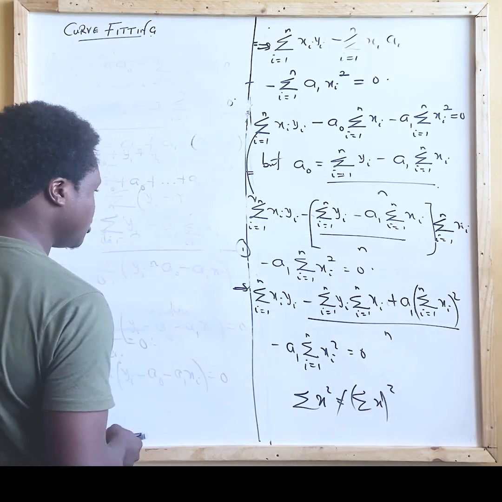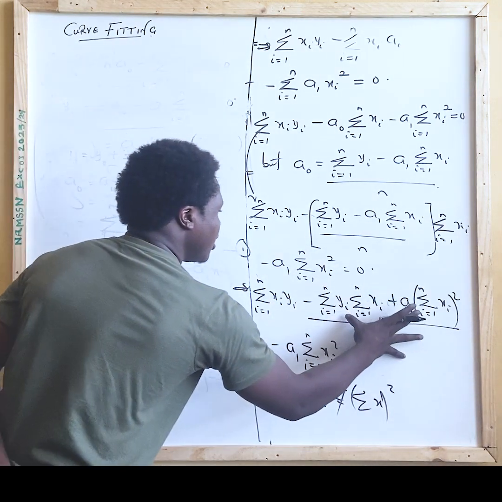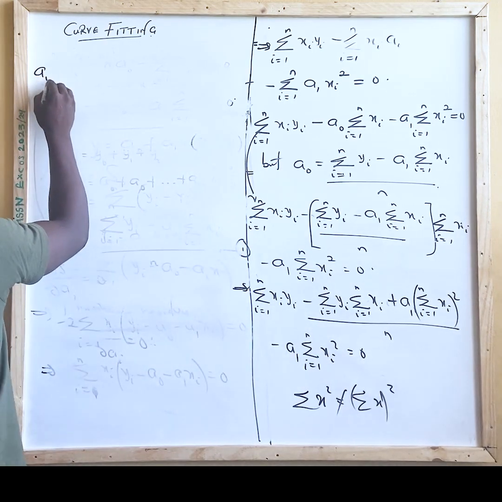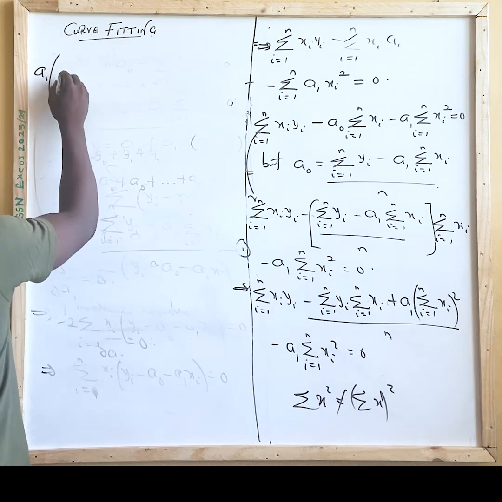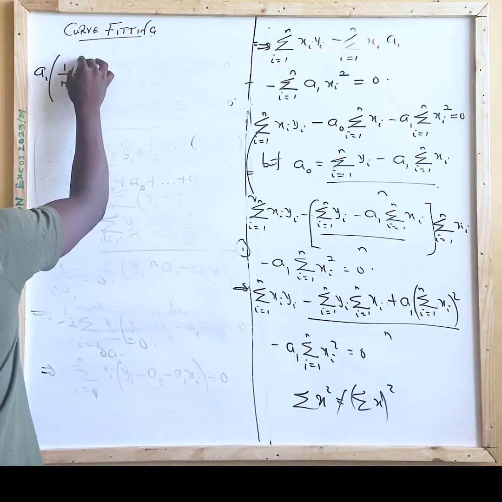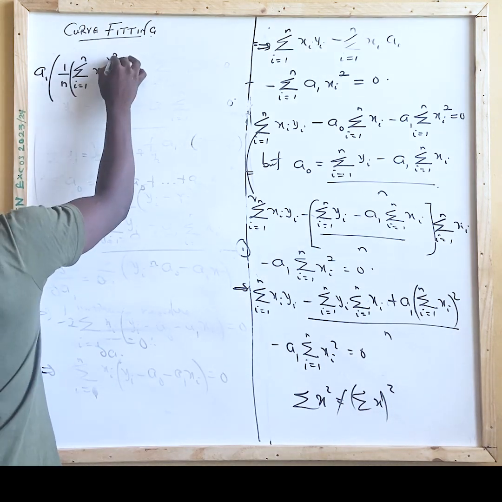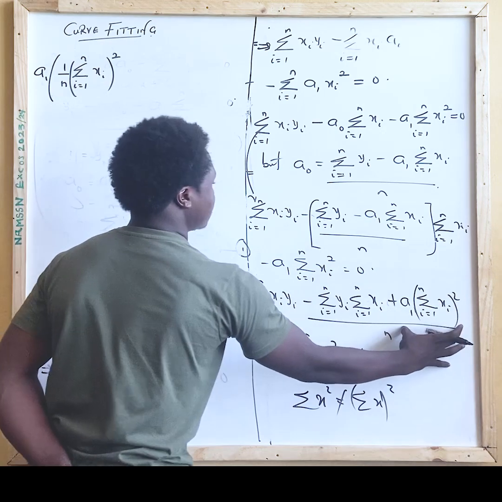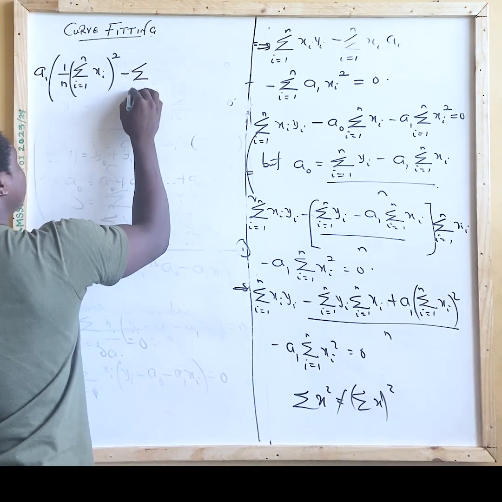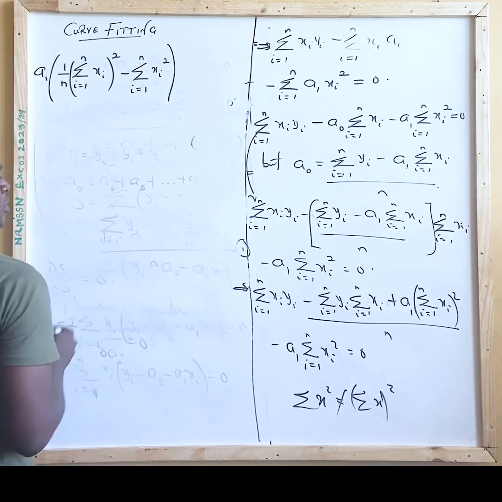Picking only these two, if I factorize a1 from there, I'll be having 1 over n summation i from 1 to n xi all squared for this part, then here, minus summation i from 1 to n xi squared.